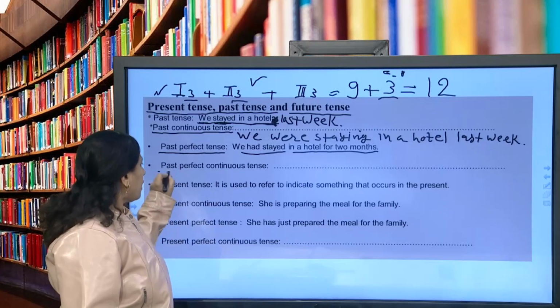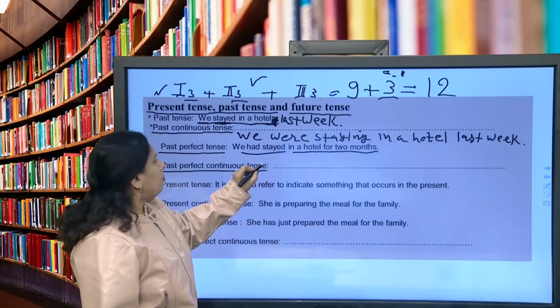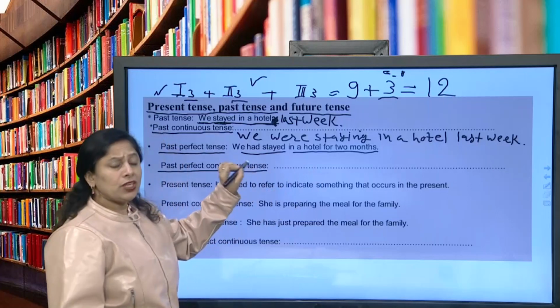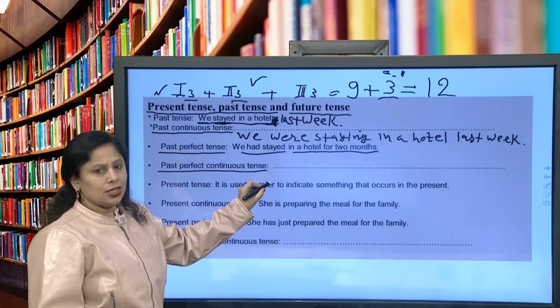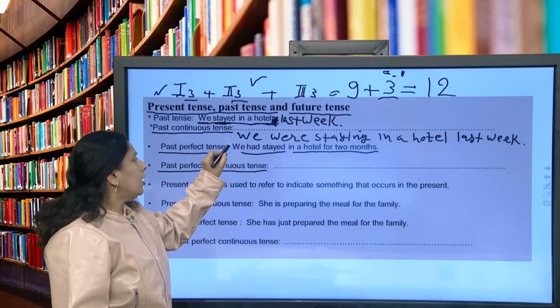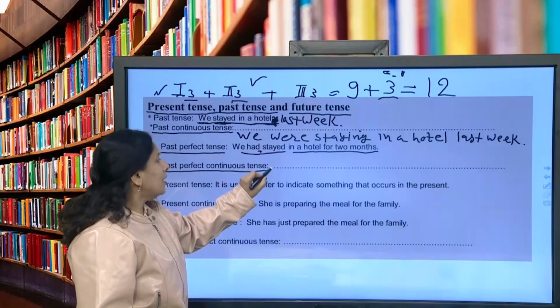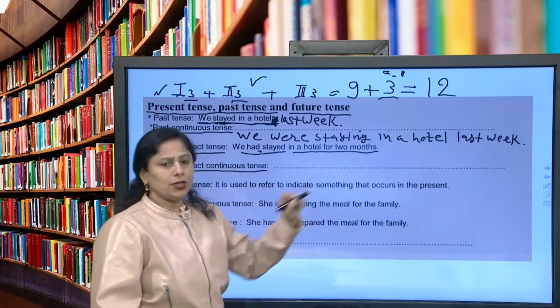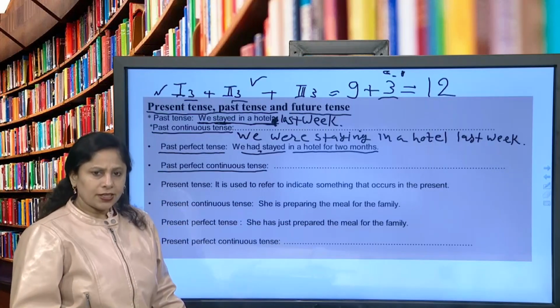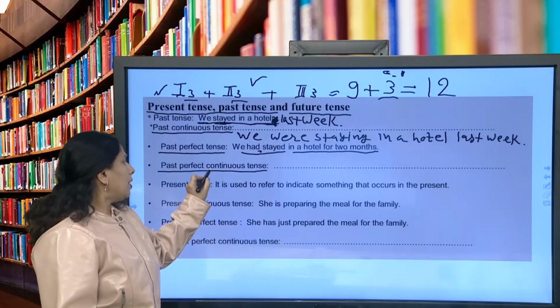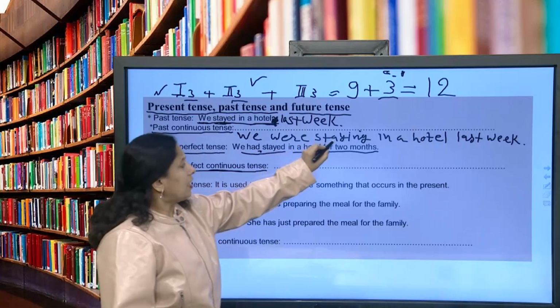The past perfect continuous tense part is blank, which we are going to create over here. As for example, you have to create, we had been staying in a hotel for 2 months. The past perfect tense, we had stayed, but continuous also means staying also.